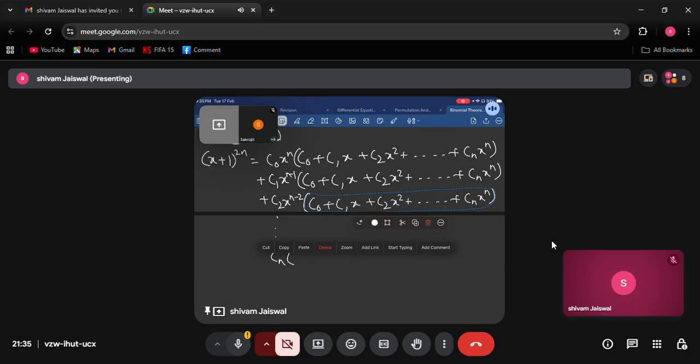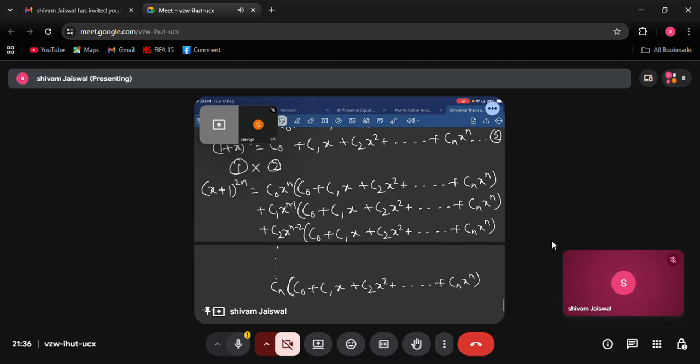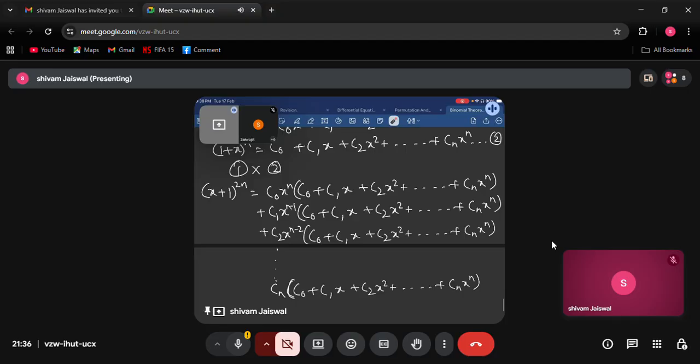On the left hand side, what is the term whose coefficient is 2n Cn?